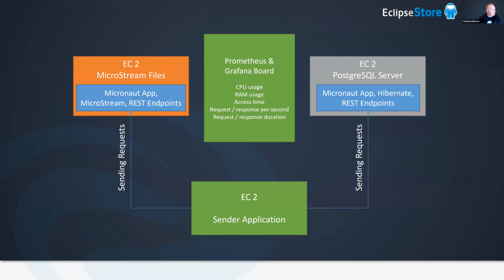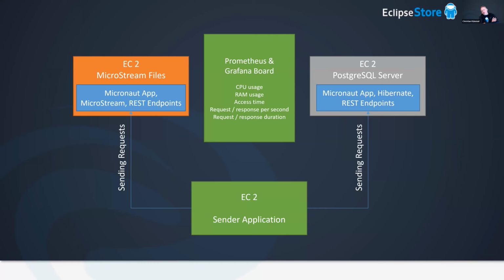What we built so far is a few EC2 instances. One, as you see here, is a sender application. Then we have two other EC2 instances. The left side is the MicroStream, or EclipseStore, side, with a Micronaut application which provides REST endpoints and has a MicroStream storage behind it, storing the data directly on the hard disk of that EC2 machine.